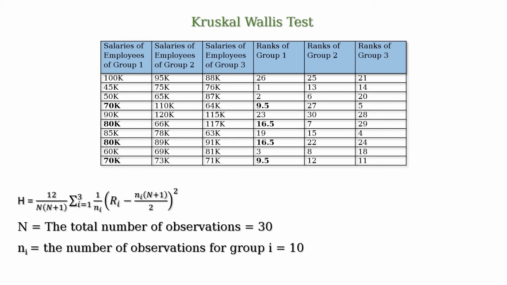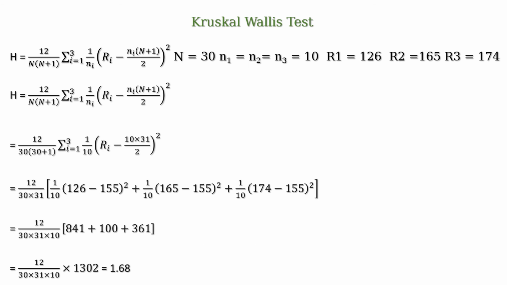Here, capital N is the total number of observations, that is 30 in our case. Small n_i is the number of observations for group i, that is 10 in our case. So, after putting all the values, we get the following.